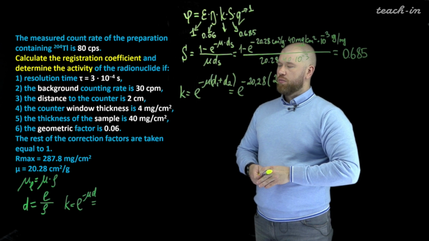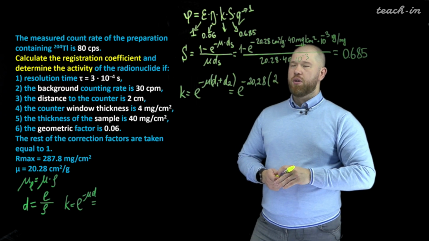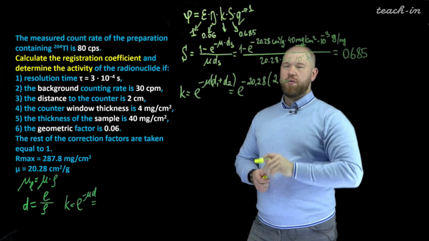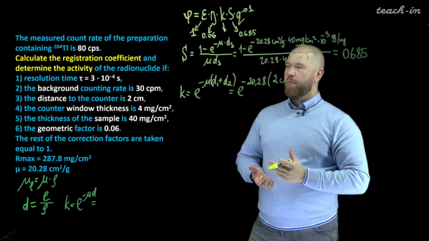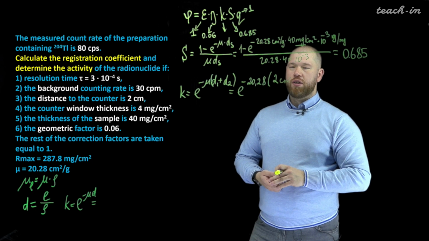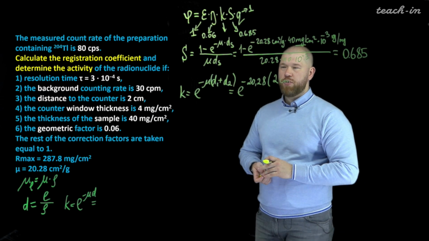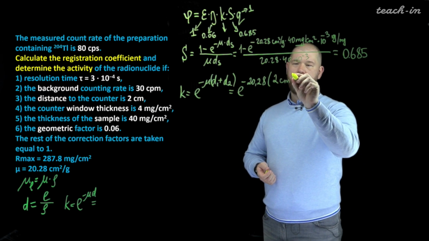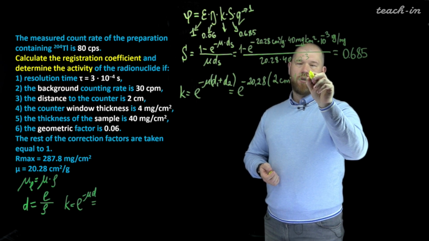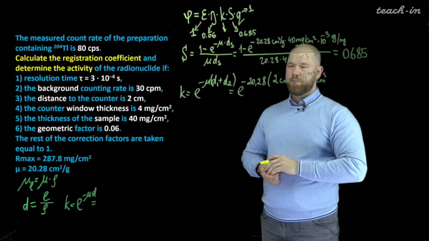So we have to multiply these centimeters by the density of air, because the distance between the counter and the detector is filled with air, thus the material is air, and we have to use the density of air that is equal to 1.29 milligram per cubic centimeter.